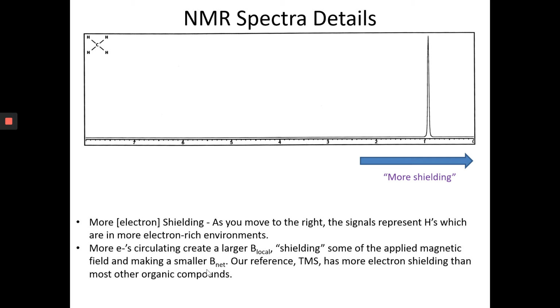Why do we use TMS for our reference standard? Well, because of the silicon atom, TMS has a whole lot of electron shielding. There's lots of extra electrons buzzing around there, and they create a signal that's pretty far to the right, right? With larger B locals, that means smaller B nets. So TMS has the smallest B net of any common organic compound that you might find.